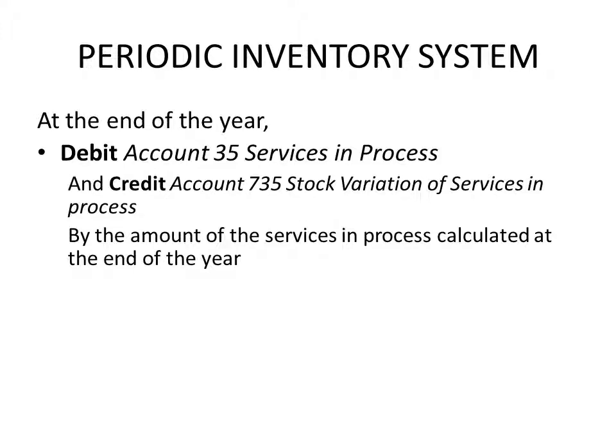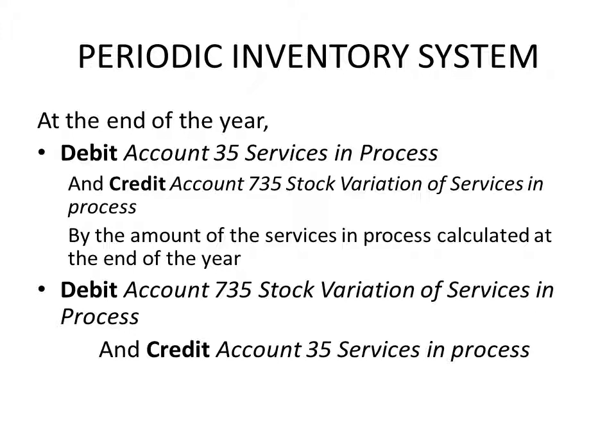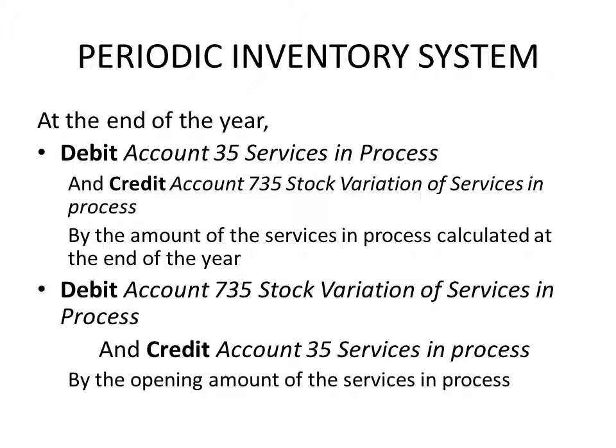Simultaneously, the entity is going to debit account 7.3.5 stock variation of services and credit account 3.5 services in progress by the opening amount, the initial amount of the services in progress. This is the closing amount from the previous year, or if you want, the opening amount in the current year.